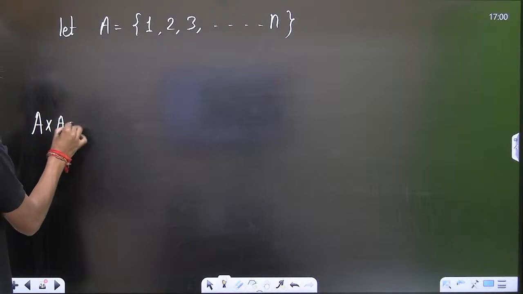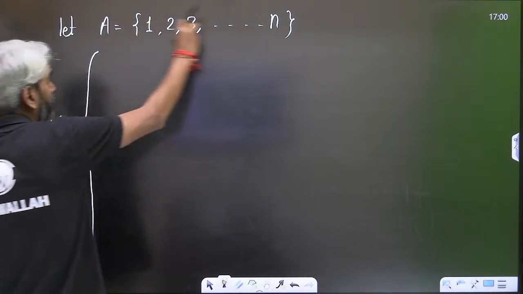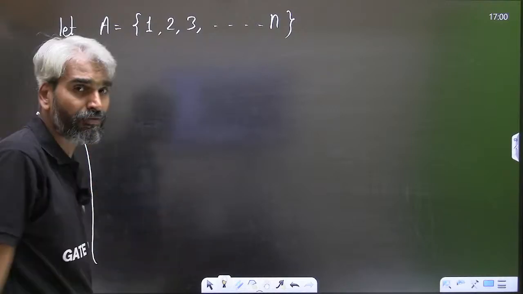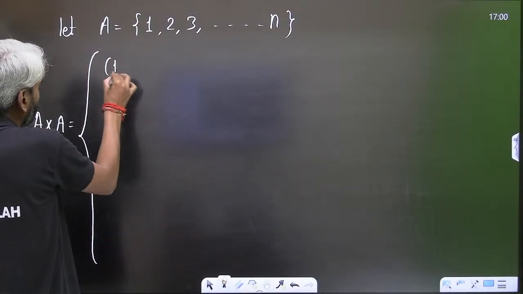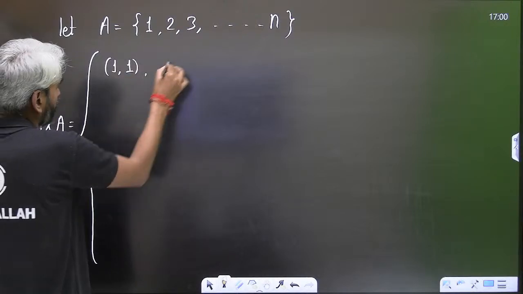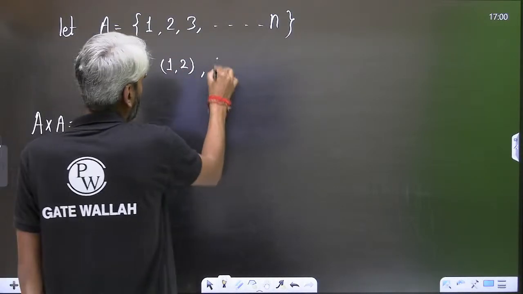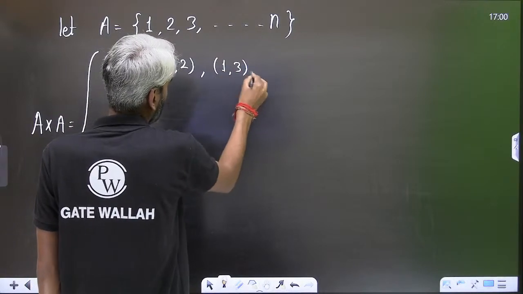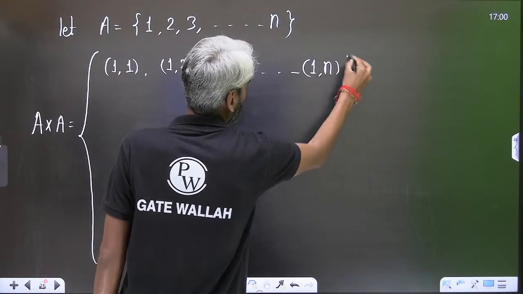A cross A will be a set in which every element of set A will relate with every element of set A itself. So element 1 will relate with 1, element 1 will relate with 2, element 1 will relate with 3, and so on. 1 will also relate with n.